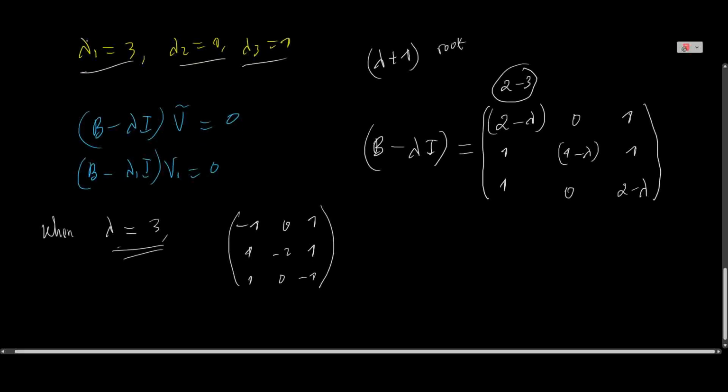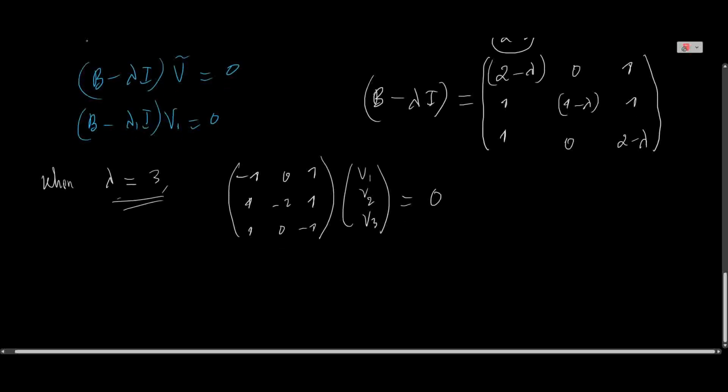Remember, I have to multiply it with our eigenvector. So we're going to call the eigenvector v1, v2, and v3. Then we're going to equate this to 0. So we just solve this like normally, right? We'll use the swim and dive method to multiply this. So it's this minus this, so it's minus v1.